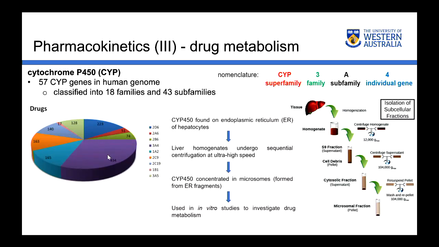The first one is CYP3A4. It has a very broad range of substrate specificity, and it metabolizes a whole range of drugs. For this reason, this enzyme is often involved in drug-drug interactions. So what does drug-drug interaction mean?